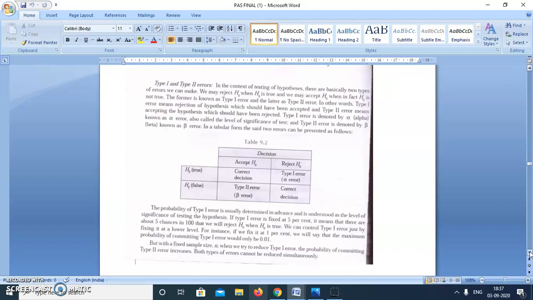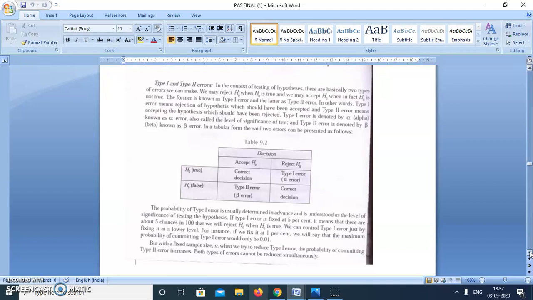That means there are basically four possibilities, in which two possibilities are correct and two possibilities will give you two errors, type 1 error and type 2 error. Type 1 error is also called alpha error, which we can control at the start of the test. Generally we work at alpha equal to 5% or 1%, or otherwise we can say, if we are working at 5% alpha, that means at 95% confidence level we are working.